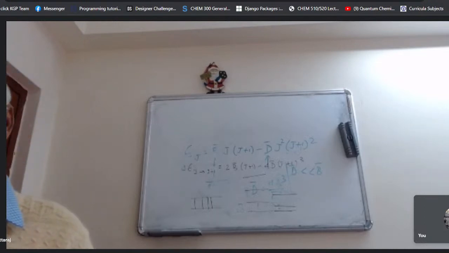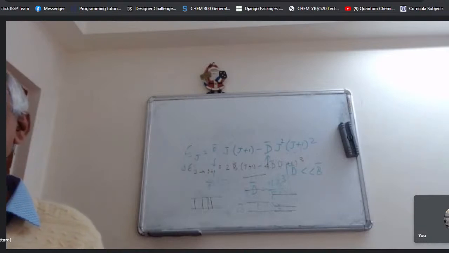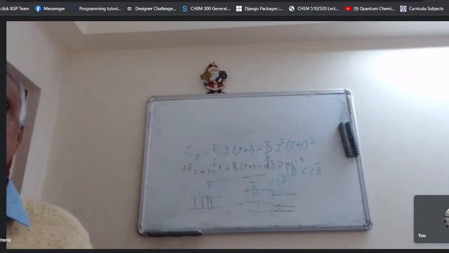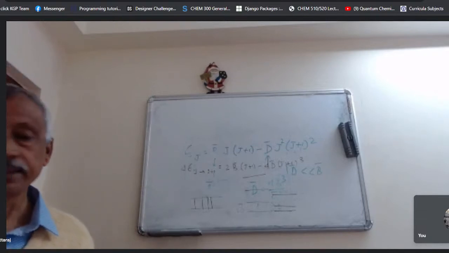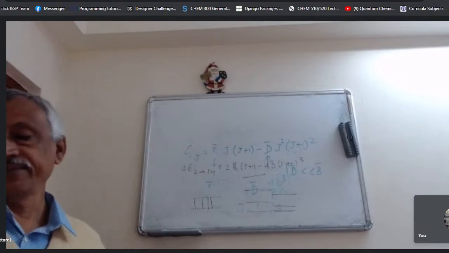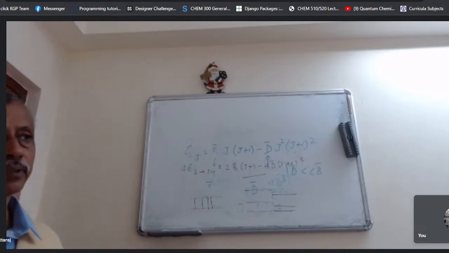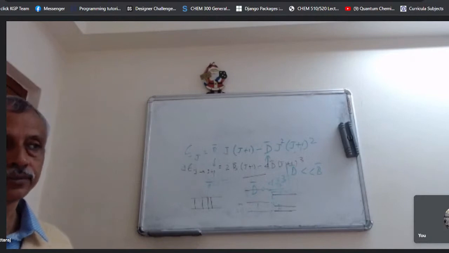So we have to treat the selection rule first. And then for a given initial state, what are the final states we can go to after transition, you can follow using the specific selection rules. After doing this, you can get the line positions.